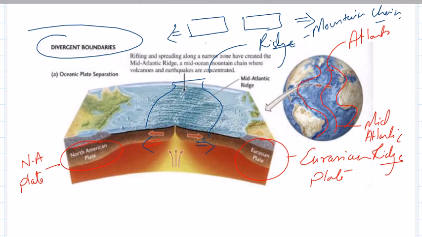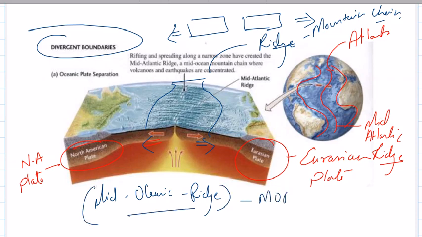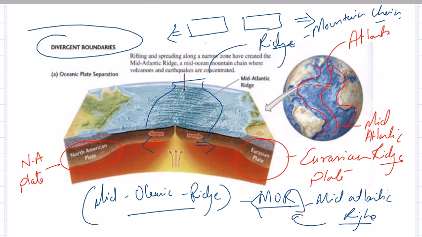This underwater or submarine mountain chain is also known as a mid-oceanic ridge, or MOR in short form, and the specific name of this region is the Mid-Atlantic Ridge, which is a type of mid-oceanic ridge. This is a type of landform created when two plates move apart from each other.